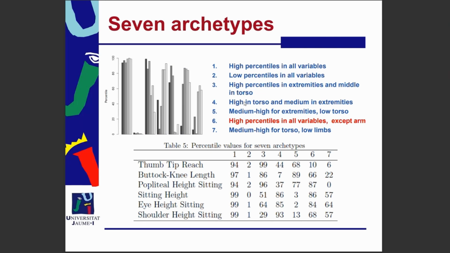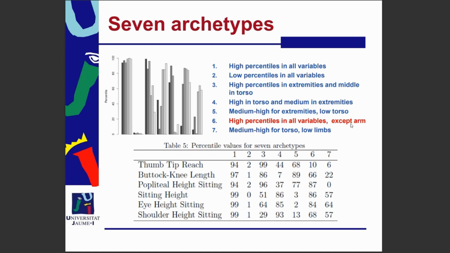We considered 7 archetypes. One of them had high percentiles in all variables. Another pilot had low percentiles in all variables, and there are more combinations. I want to highlight this one, because this pilot with high percentiles in all variables except arm could not be recovered with principal component analysis considering the more extreme scores, because the objective of principal component analysis is not obtaining extreme cases.